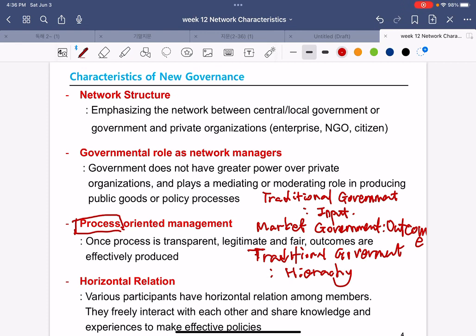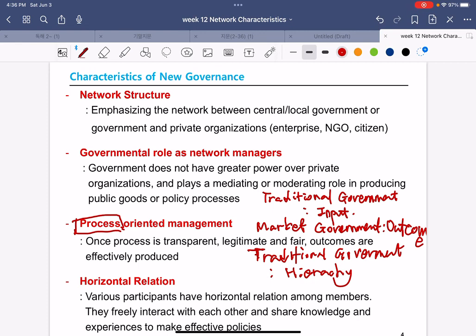Everybody is equal, because all of the participants are actors equal in the collaborative governance, right? And then they freely interact with each other, share knowledge. There is no absolute, there is no powerful actors in the new governance, right?